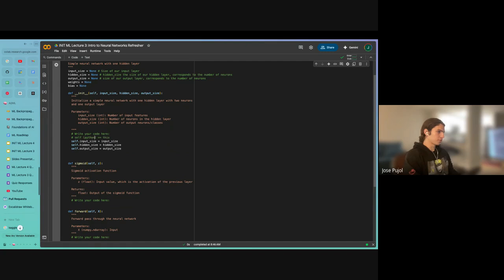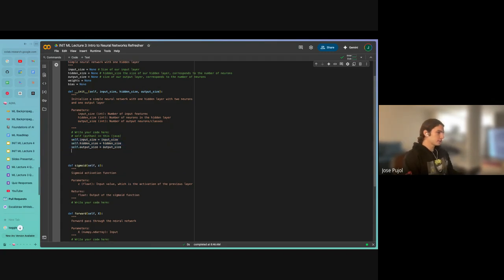I'm not going to give you a Python tutorial right now. This is just for knowledge. So when we initialize our class, we're going to pass in these parameters and initialize our function this way.